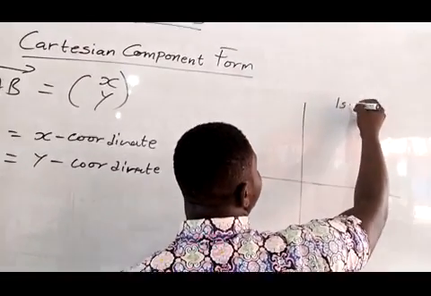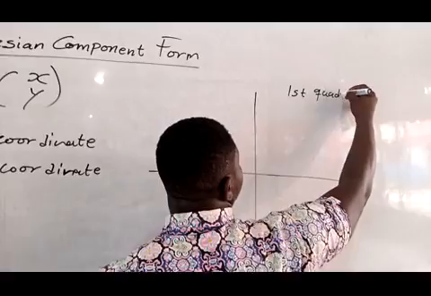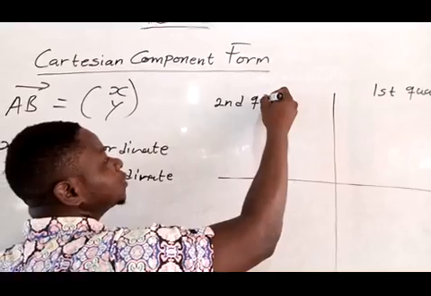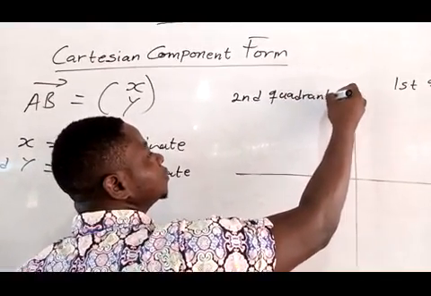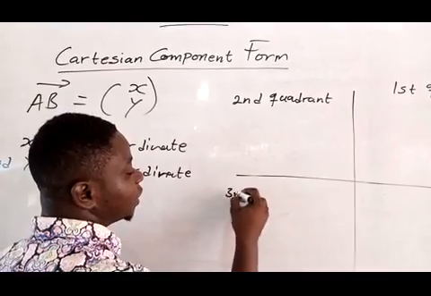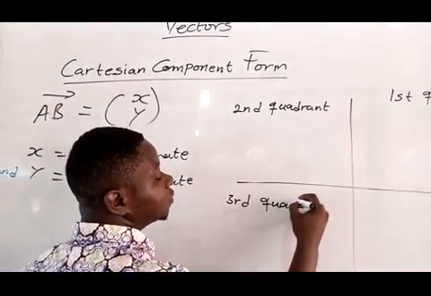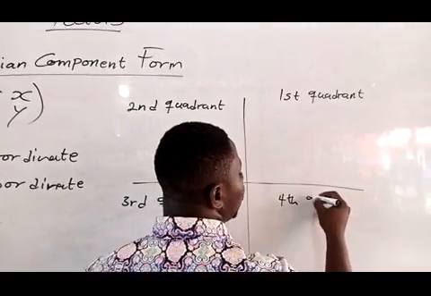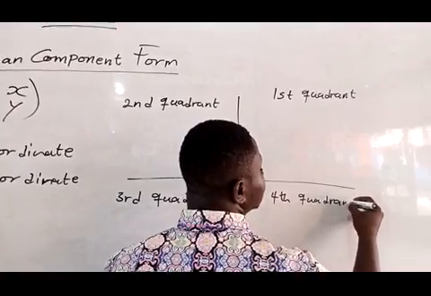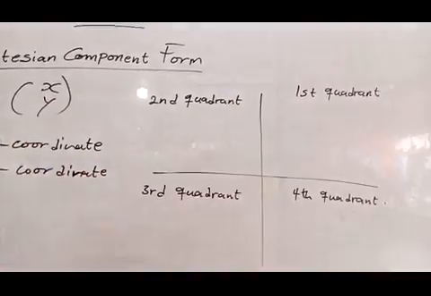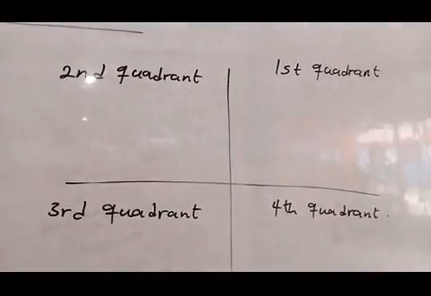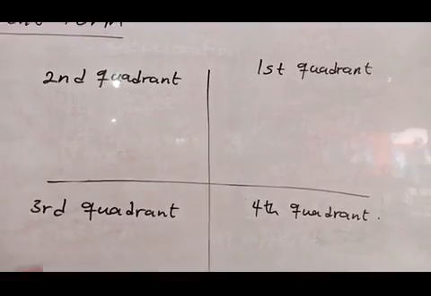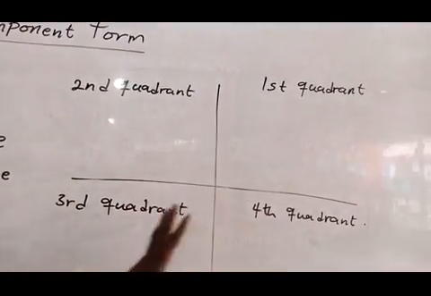This happens to be the first quadrant, this the second quadrant, this the third quadrant, and this the fourth quadrant. Under normal circumstances, the quadrants go anti-clockwise, not clockwise.